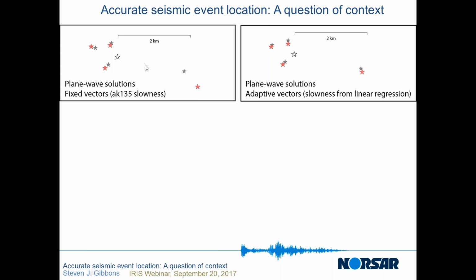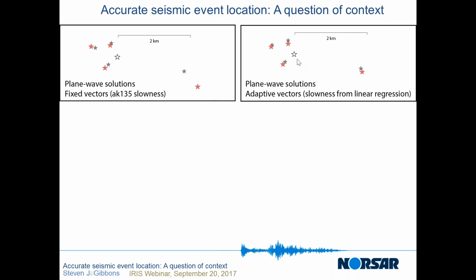And I fixed the apparent velocity to exactly as AK135 says it should be. And this is what happens. It throws them out again. So you have this 2006 event, again ends up 2.5 kilometers away.